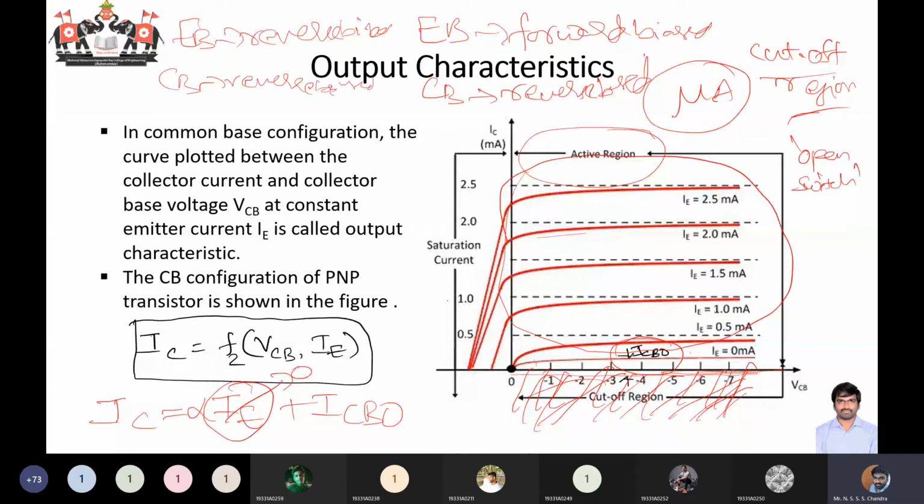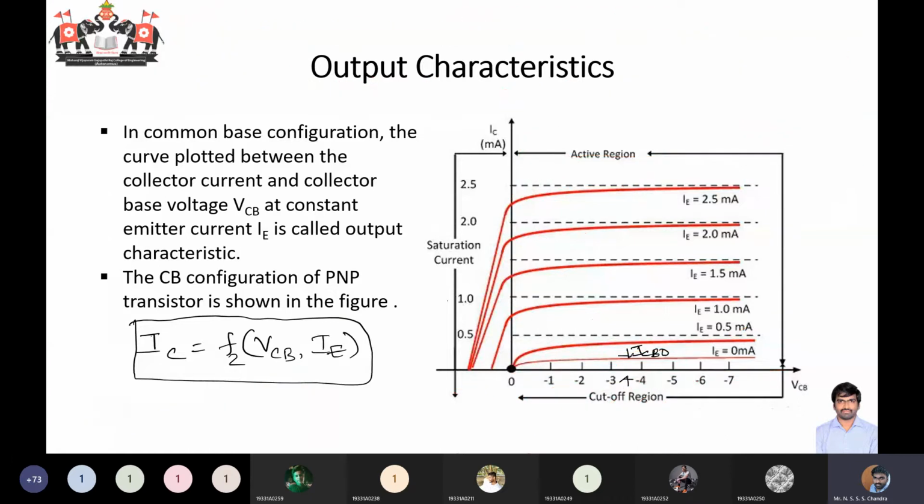Okay. And then you have another region called saturation region. So if you see the region where your voltage VCB is positive. If you see the graph, on the x-axis, are VCB values positive or negative?